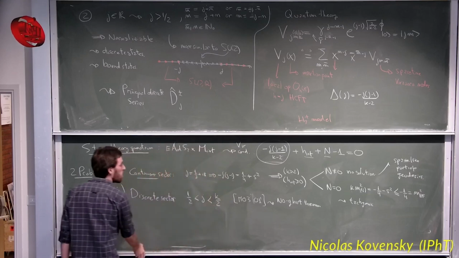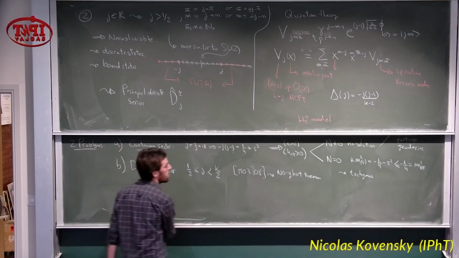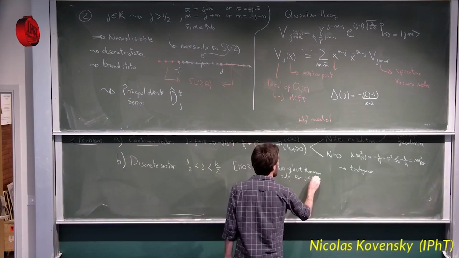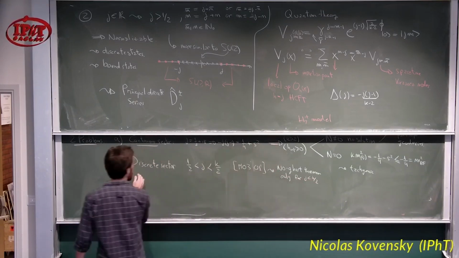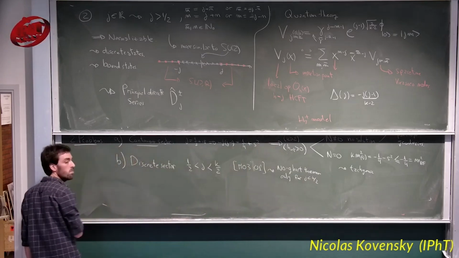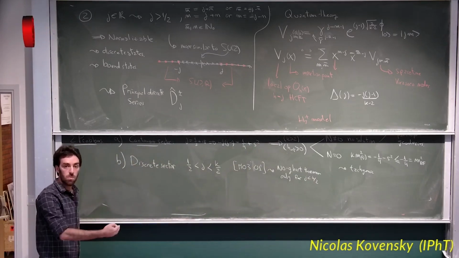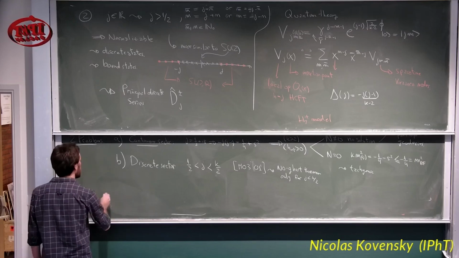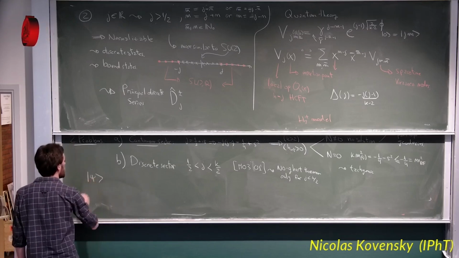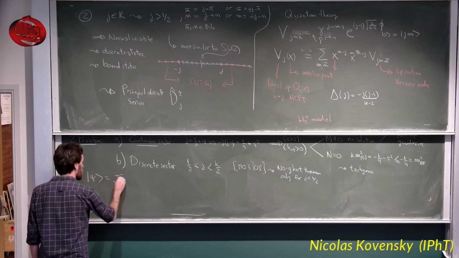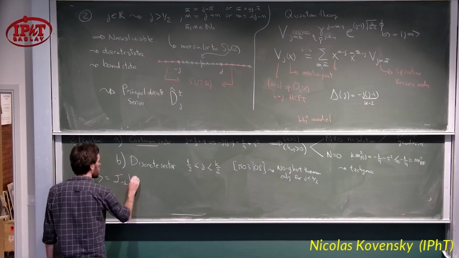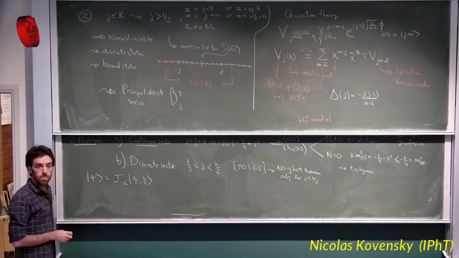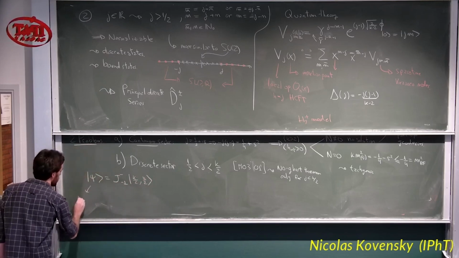Okay, and one reason why this happens is that at k over 2, you hit a null state in your affine representation. So in particular, for example, this null state, which is j minus minus 1 on the state with j equals k over 2 and m equals k over 2. Okay, so this is the null state.